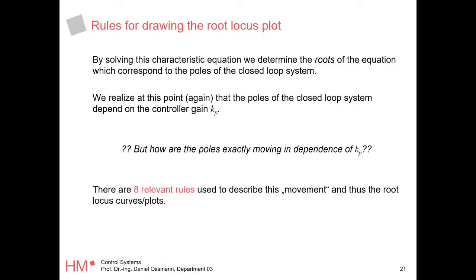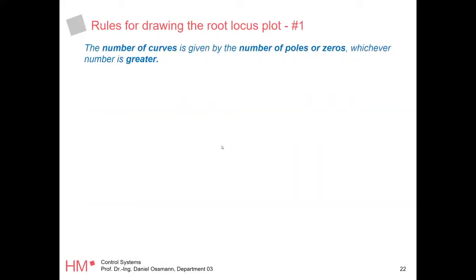These 8 rules will show you how they are moving, and we're going to jump right into it. Let's start with rule number 1. We're probably going to do 4 of those today. So, first question: how many curves do we actually have?